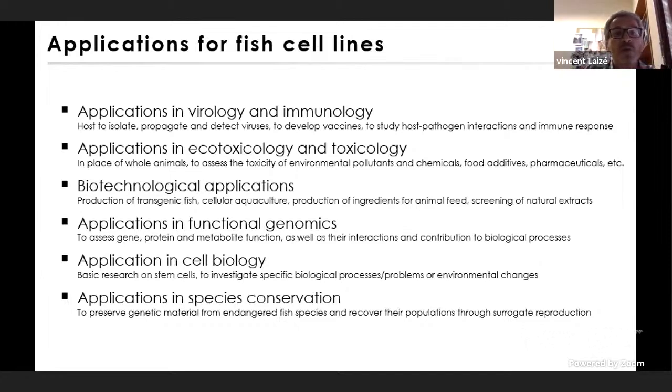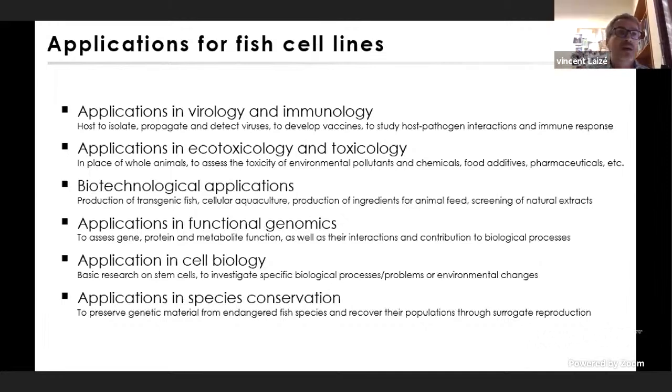For biotechnological applications, I will have a few slides about that next, so I will go very quickly. Cell lines, and in particular embryonic stem cells, were used to produce transgenic fish. Why ES cells? Because it is easy to manipulate their genome. You can make them express a particular transgene.